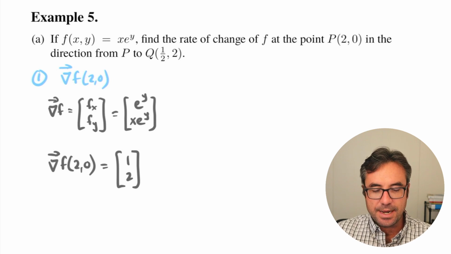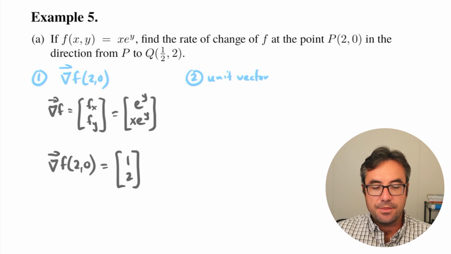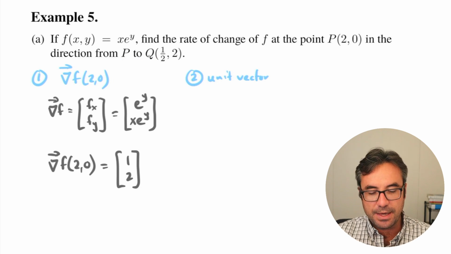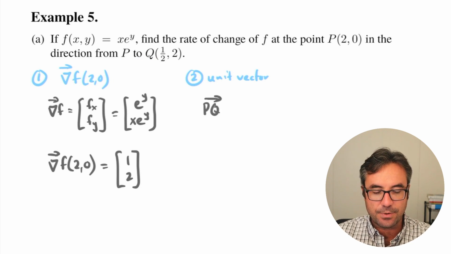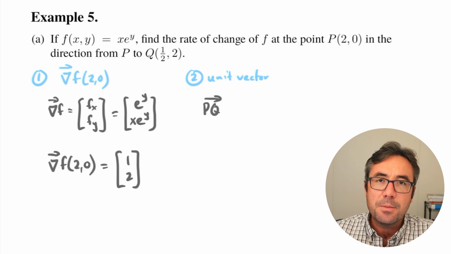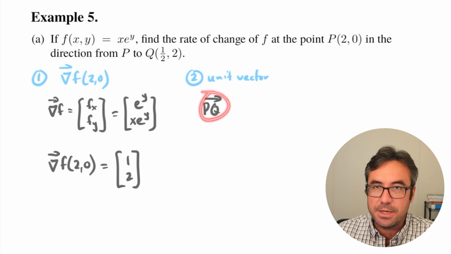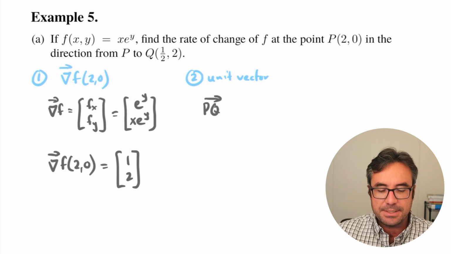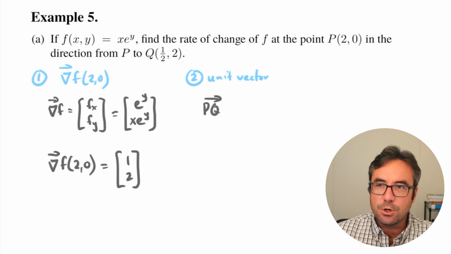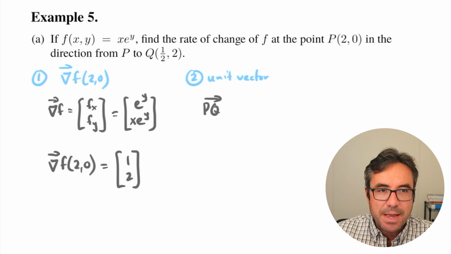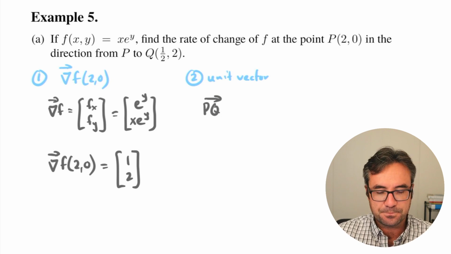All right, so next we're going to need our unit vector. And we're told that we're going to go in the direction of PQ. So our direction vector is given by the vector PQ. Now this is probably not going to be a unit vector. Maybe it will, but we're going to see it's actually not. So once we get PQ, we're going to have to make it into a unit vector.